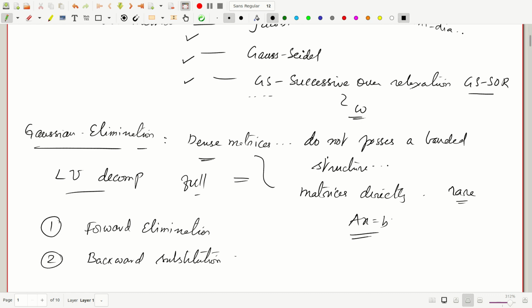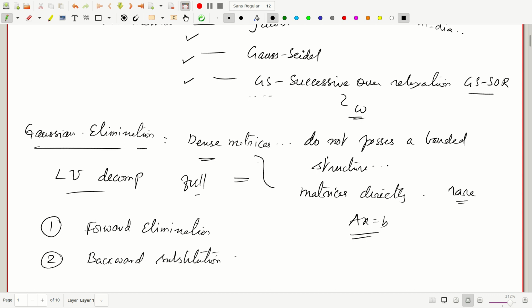Because the number of operations required is so large when it comes to direct methods, direct methods are not often used. Also the matrices that you get would not be dense like the ones we are talking about here, if you are working with CFD or any other field. But in certain contexts the matrices can be dense.